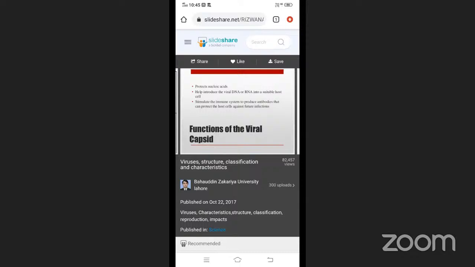You know that when the host is infected, some antibodies are produced inside. So these capsids can stimulate the production of antibodies.